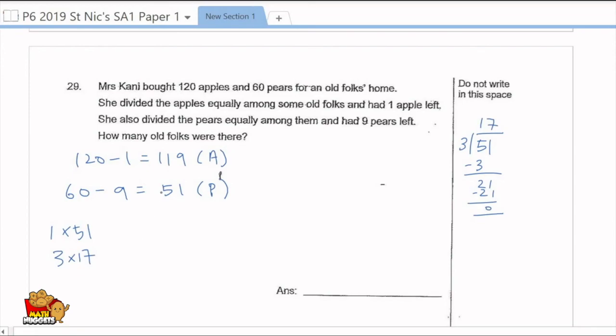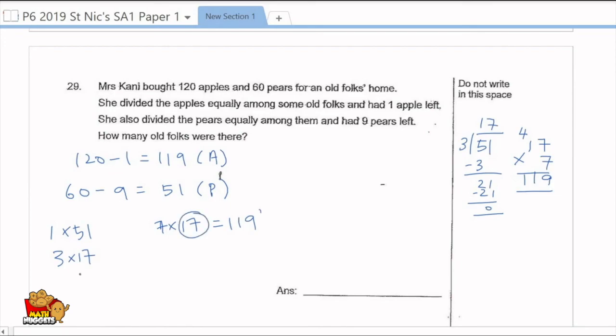Now let me quickly take a look at 119. Is 119 divisible by 17? 17 times 7 gives me 119.